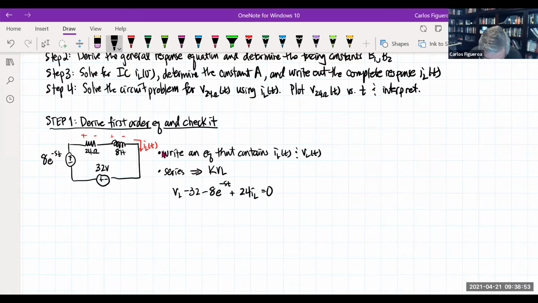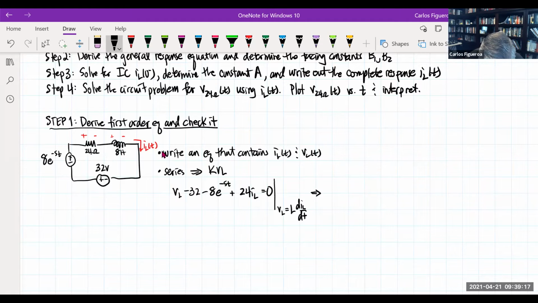So in other words, I now have my VL and my IL connected. What I'm going to do next is replace VL with L di dt. Note that L is 8. So if I plug that into here, this is the equation that I'm going to get.